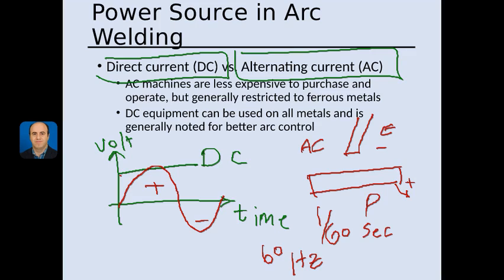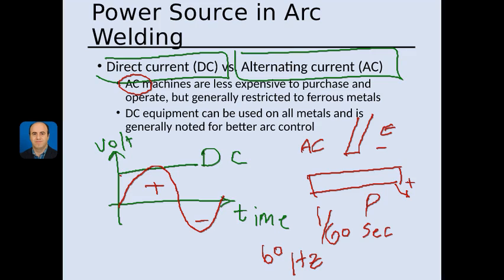AC, as you know, is the household power, all of it. So if you have a machine designed for AC, it's going to be less expensive to purchase, because there is no additional equipment to convert the AC input to DC, right?